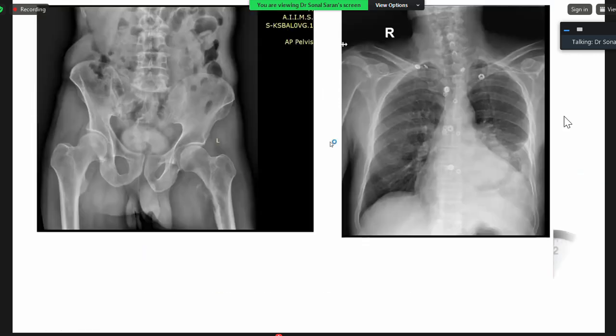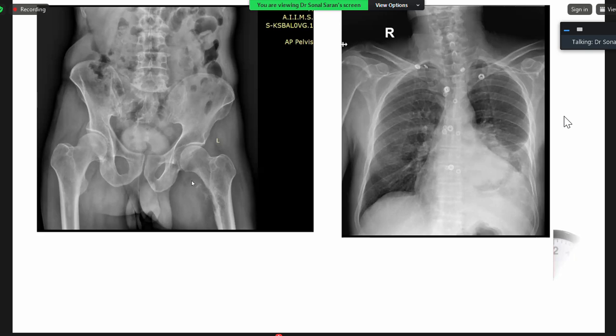Next case. So we have two radiographs of the same patient. Right. So we have something abnormal here in the lesser trochanter.